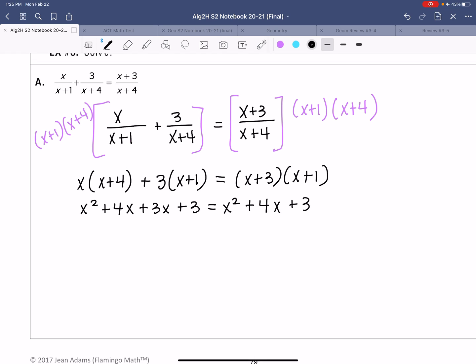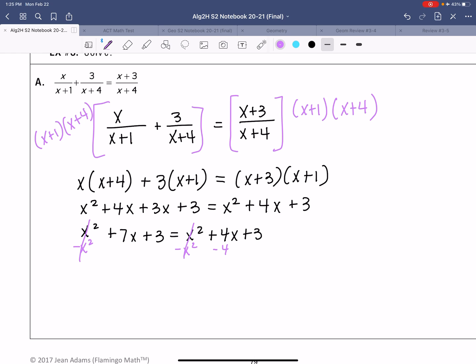All right, now we want to move all of my x's to one side. Let's just combine like terms. So I have x squared plus 7x plus 3 equals x squared plus 4x plus 3. Okay, I'll go ahead, subtract an x squared from both sides, and that's actually going to eliminate an x squared on both sides.